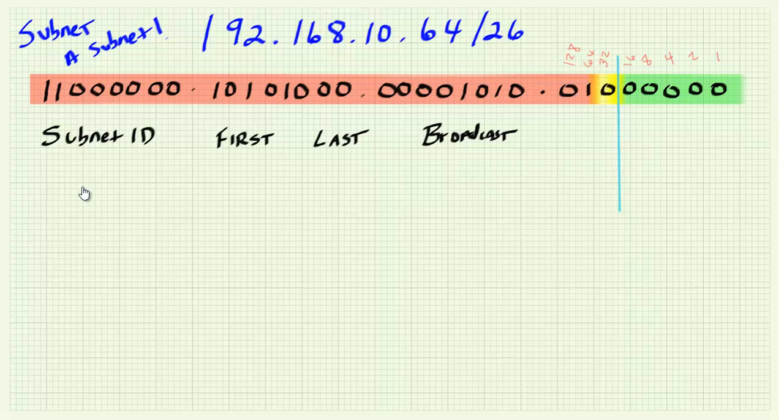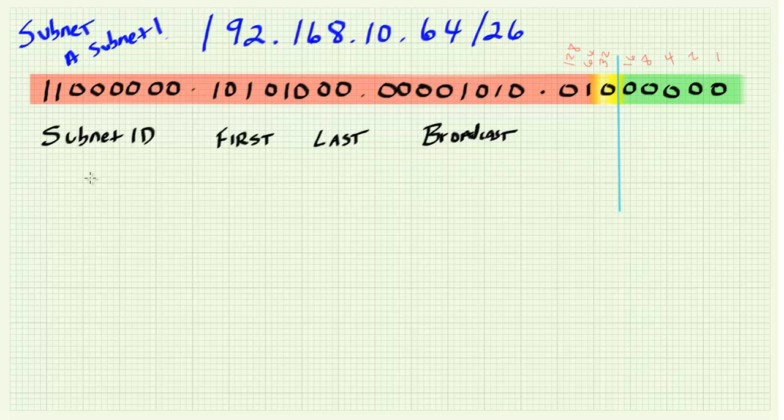So let's go ahead and press on. I'm going to write this out in the more concise way that we started using in our previous procedure. So to get started, let's examine what's going on with the bits in the last octet. And the first thing that we need to do is to figure out what our first subnet ID is going to be.